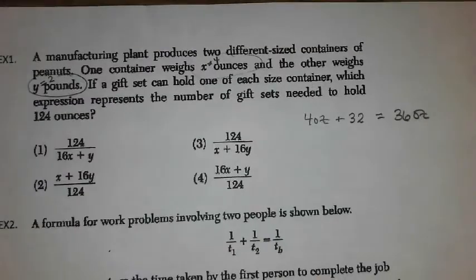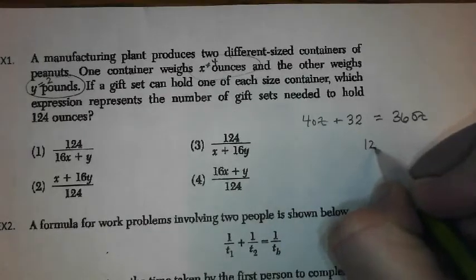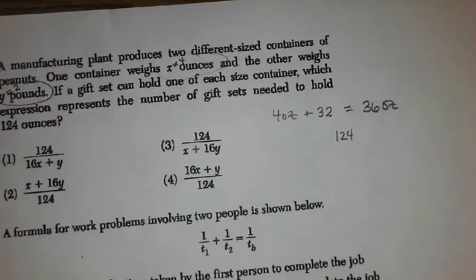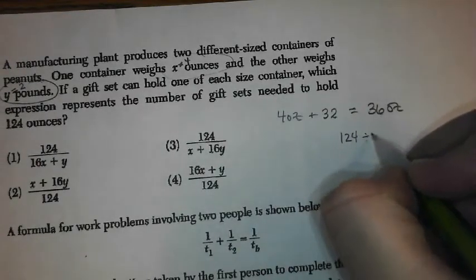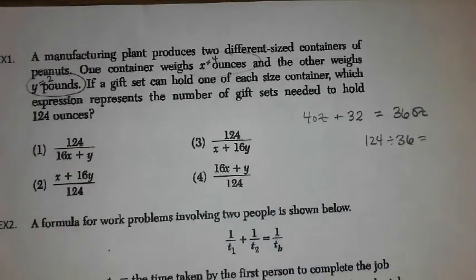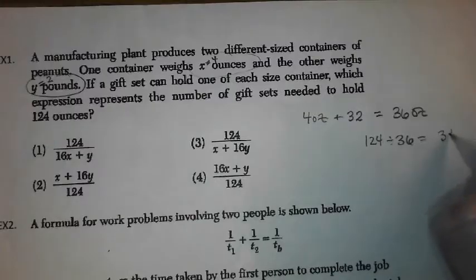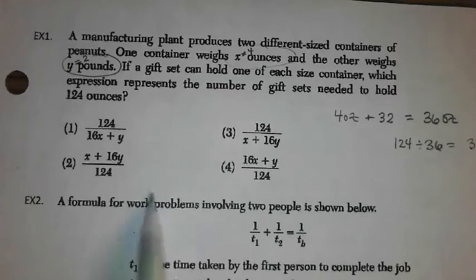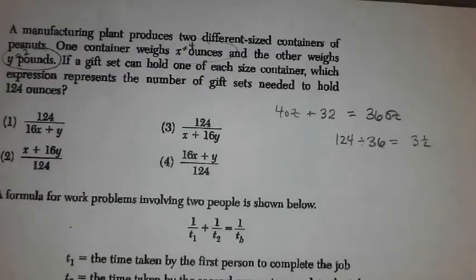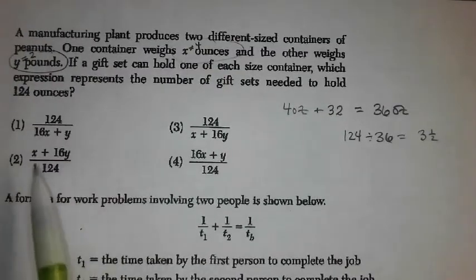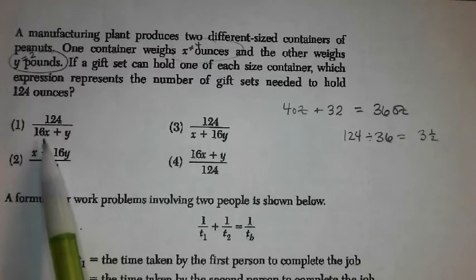So I want to know the number of gift sets that would be needed to hold 124 ounces. So 124 ounces, what operation am I going to do here? Division. How many does that give me? What is it? 3.5. So I'm pretty much going to plug in here and see which one gives me 3.5. I do know, see where they're multiplying 16?